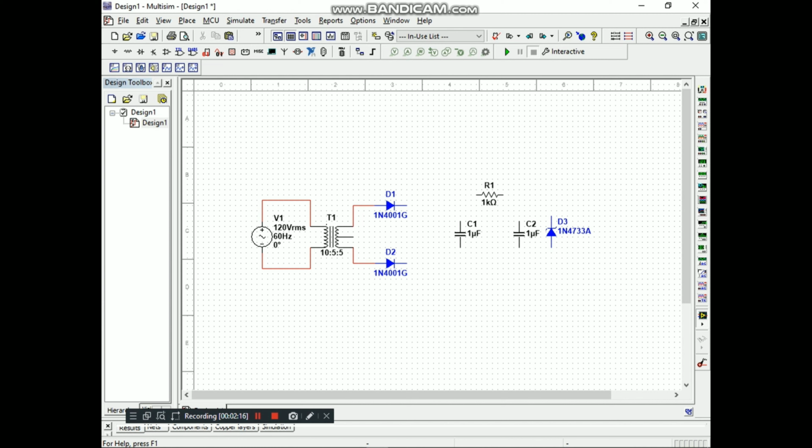A regulator can be in the form of an integrated circuit or a diode, and it is used to give a constant output voltage regardless of input voltage changes. Our last main block is the regulator. A regulator is used to provide a regulated constant output voltage. Voltage regulation is very important because we do not want a change in output voltage when the load changes.